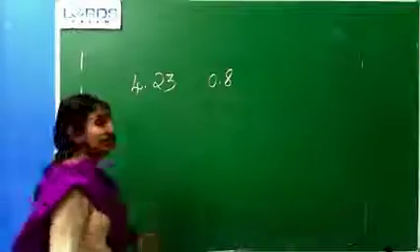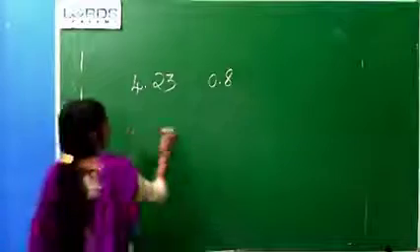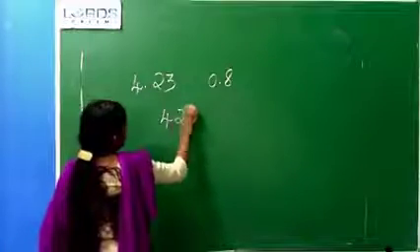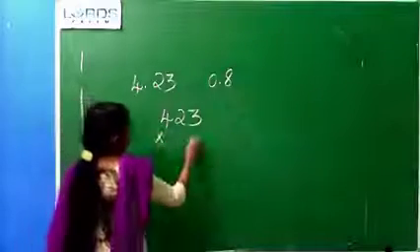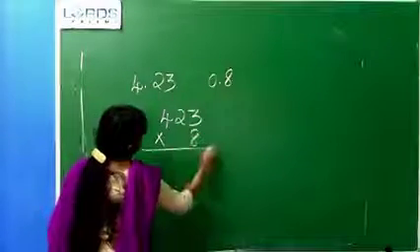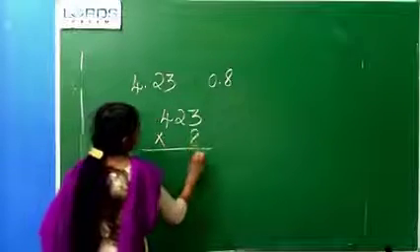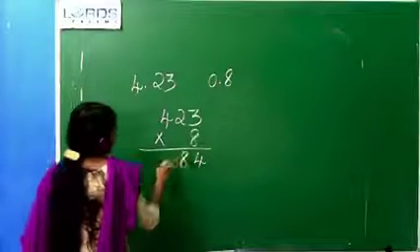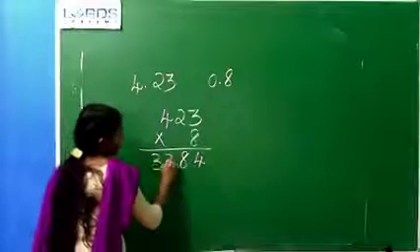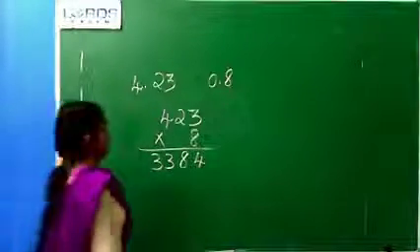When we are doing this, don't think about the decimal, just write down the numbers without decimal. 423 multiplied by 8. Multiply them. 3, 3, 8, 4 we got.